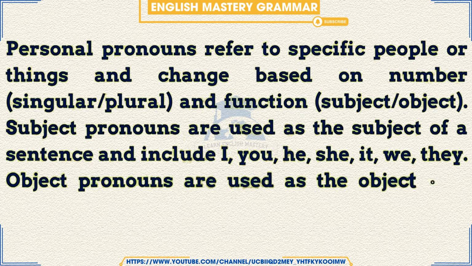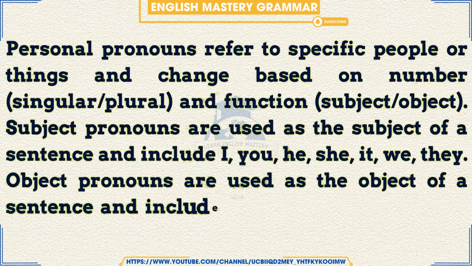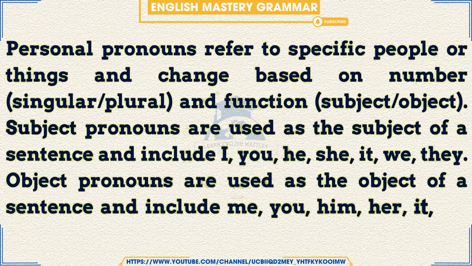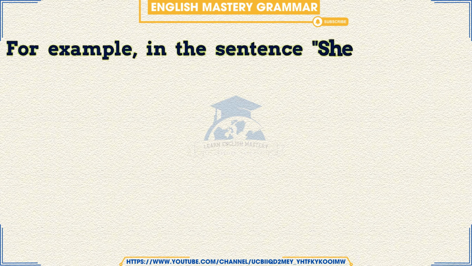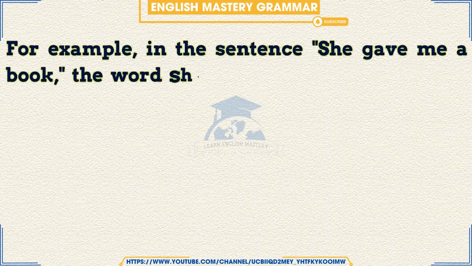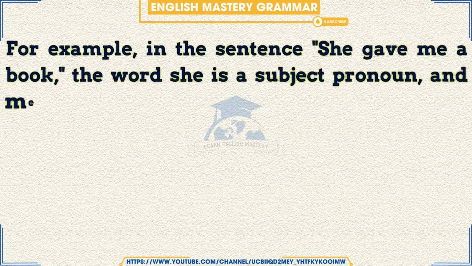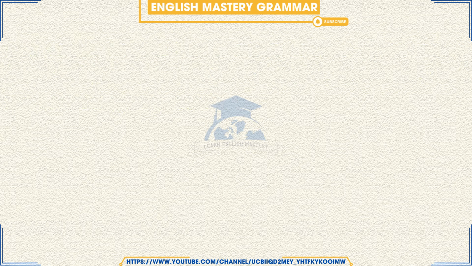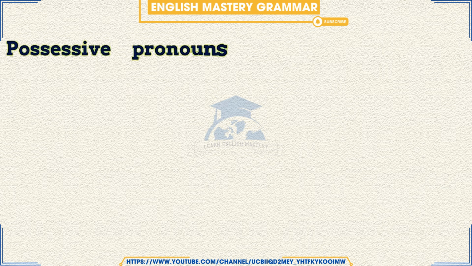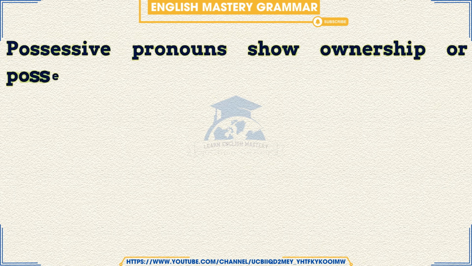Object pronouns are used as the object of a sentence and include me, you, him, her, it, us, them. For example, in the sentence, "She gave me a book," the word she is a subject pronoun, and me is an object pronoun.